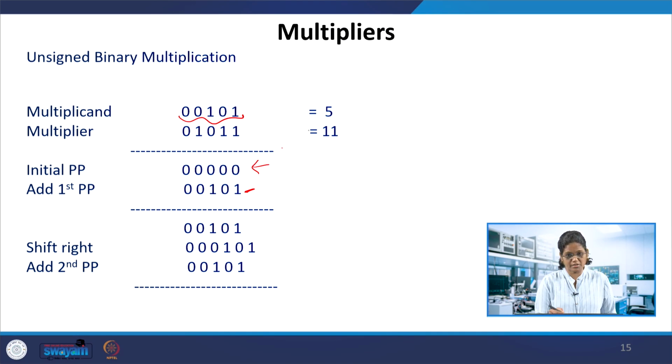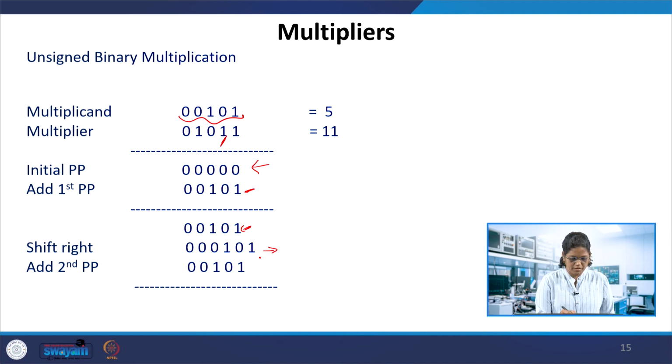As and when the partial products are generated, add them. Here is the addition, and then shift right, because we can use a register for the shift right operation. So shift right 1 bit and then get the second partial product.